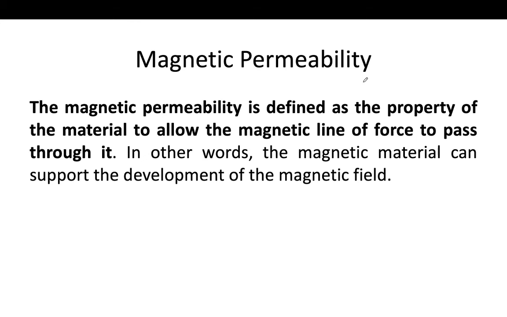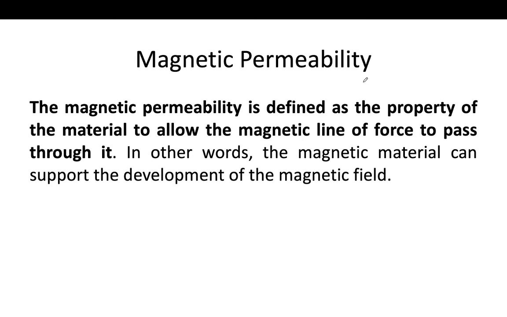Now let's talk about magnetic permittivity. Magnetic permittivity is defined as the property of a material to allow the magnetic lines of force to pass through it. In other words, the magnetic material can support the development of a magnetic field. In the last lecture we studied different types of materials used for magnets.